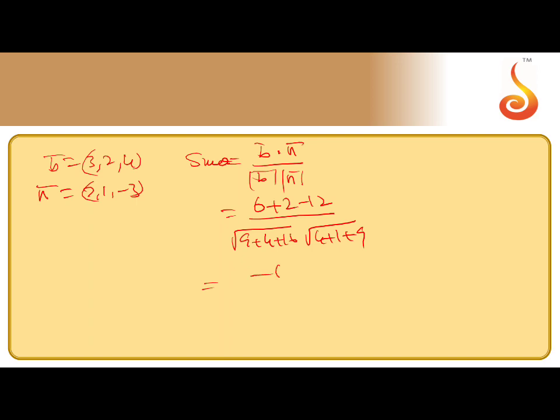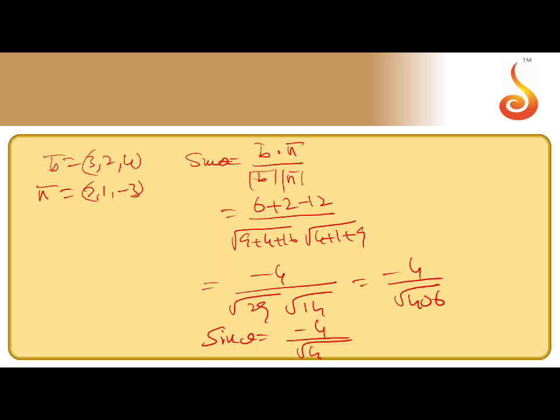So the numerator is minus 4, by root 29 into root 14. After multiplying, we get 406. Therefore sin theta equal to minus 4 by root 406. Theta equal to sin inverse of minus 4 by root 406 is the answer.